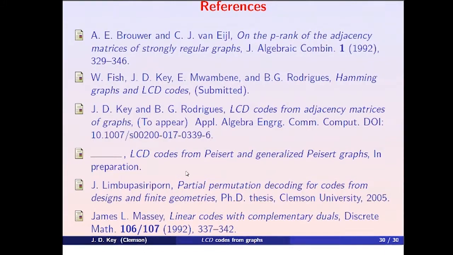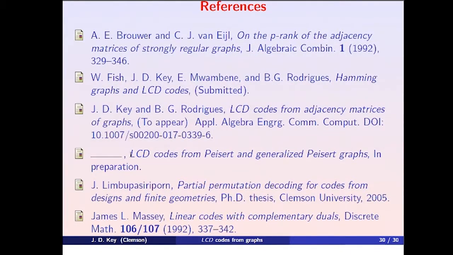The VE, that's Sprüssel and Van Eijl. There's some stuff in there, obviously. This is the Hamming codes one that we've submitted. This has been waiting to appear for about 6 months. It was online first very quickly, but this is the first paper with these RLCD things.